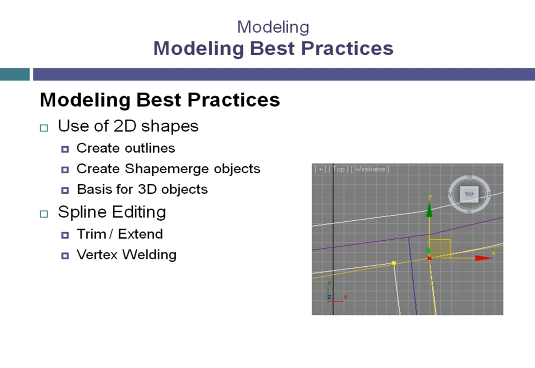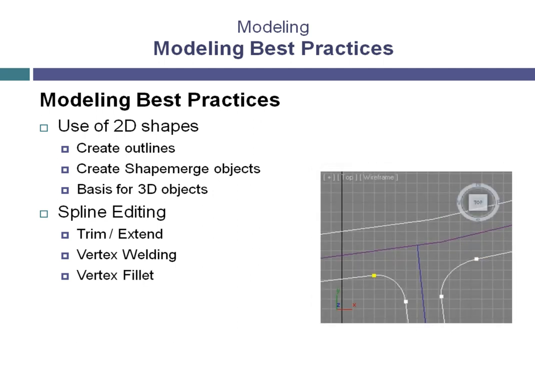Using vertex fillet when editing splines may seem like a simplified idea for best practice. However, using the fillet tool to create rounded corners simplifies the process greatly and creates a uniform and consistent result. It also reduces the number of steps needed to create a rounded corner when editing splines in 3ds Max.